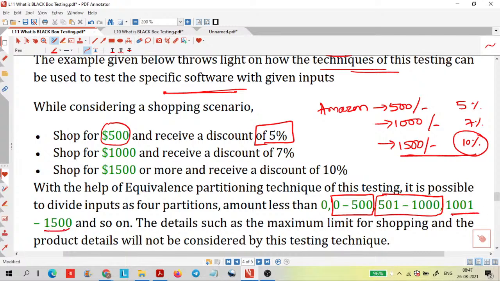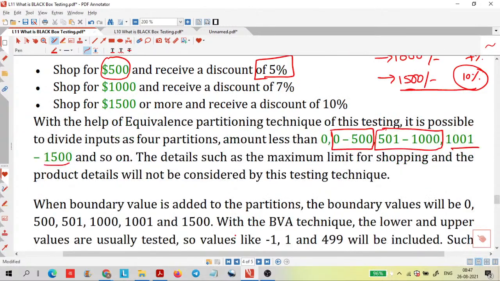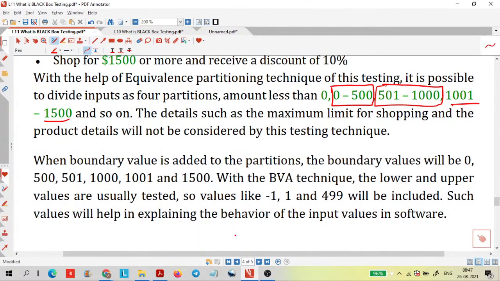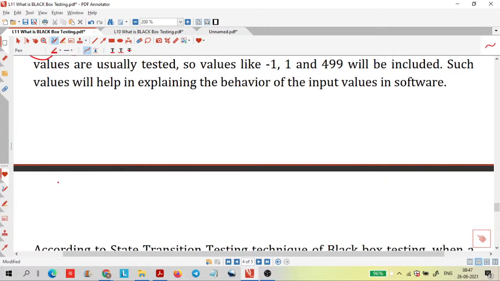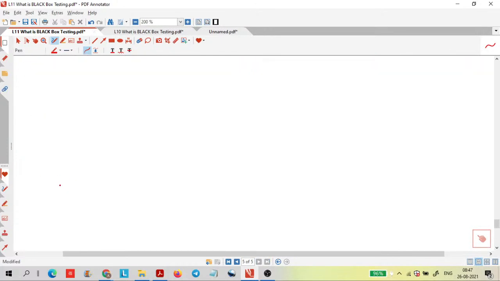So in this way you have to write the test cases for these inputs or boundary value analysis. Okay, here 0 to 500 तो उसका boundary value analysis 500, 501. So in this way we go for the testing.